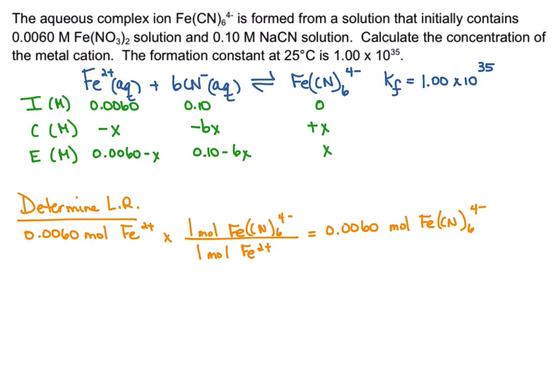And do the same thing with the other reactant. Take a look at the balanced equation, and I see for every 6 moles of CN minus, I have 1 mole of the complex.